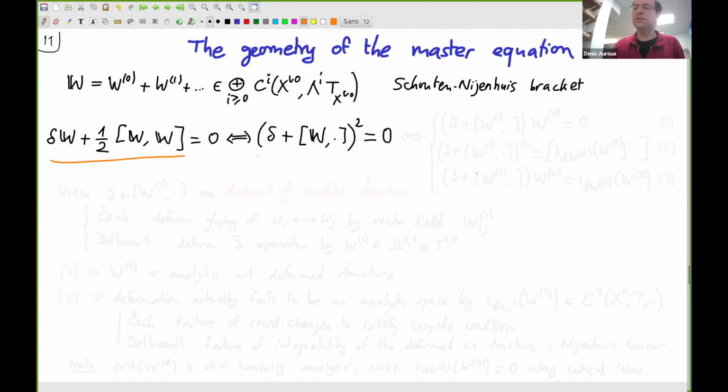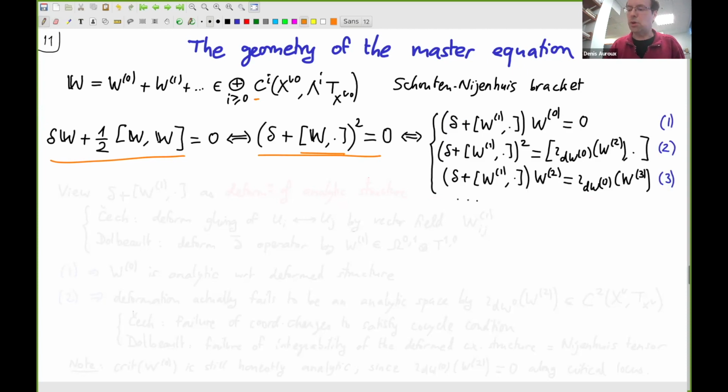And that's the same as saying that if you take the usual Čech differential, I'm thinking Čech, but you could also use Dolbeault or whatever, and you deform it by bracket with W, this is again a differential which squares to 0. And so you can expand this term by term, because we are not used to thinking of this extended thing with all sorts of grading mixed together. And this is what it looks like degree by degree.